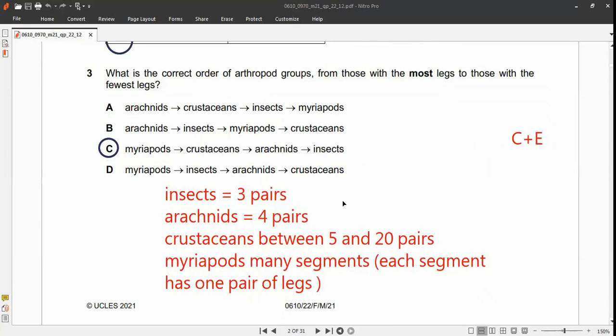Arachnids have 4 pairs. Crustaceans between 5 and 20 pairs. Myriapods, many segments, each segment has 1 pair of legs. So the first one, myriapods, then crustaceans, then arachnids, then insects.